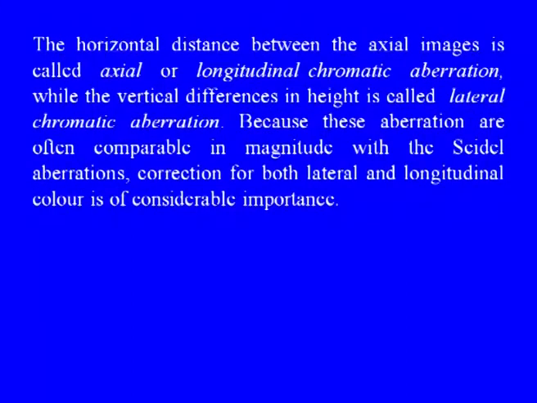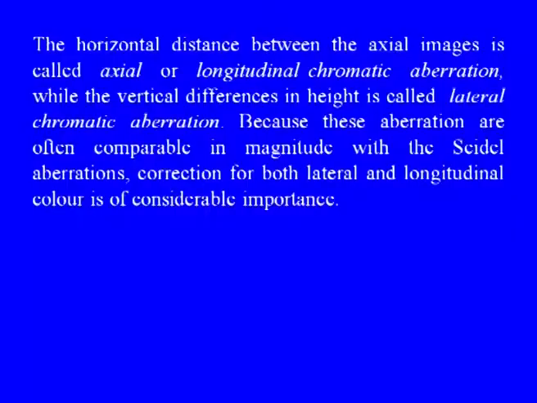So, lateral and longitudinal, both of these features will be there. The horizontal distance between the axial images is called axial or longitudinal chromatic aberration, as we have seen in the last picture, while the vertical differences in height are called the lateral chromatic aberration.